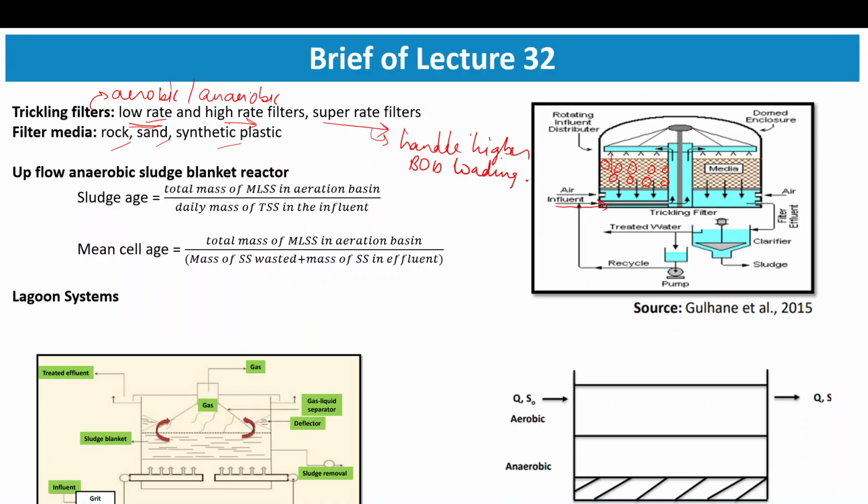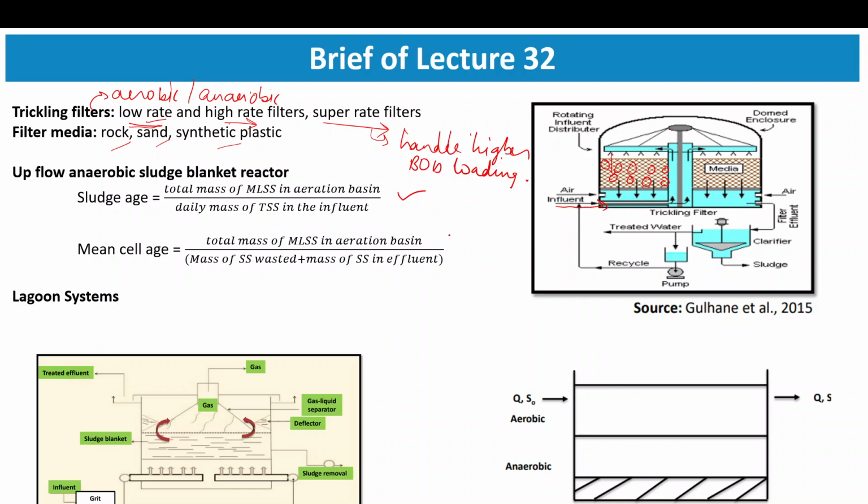Yeah, so here the sludge age is nothing but the total amount of sludge, or mass of microbes, inside the aeration basin per unit of what you supply, and the amount of time this microbe spends inside the aeration tank.